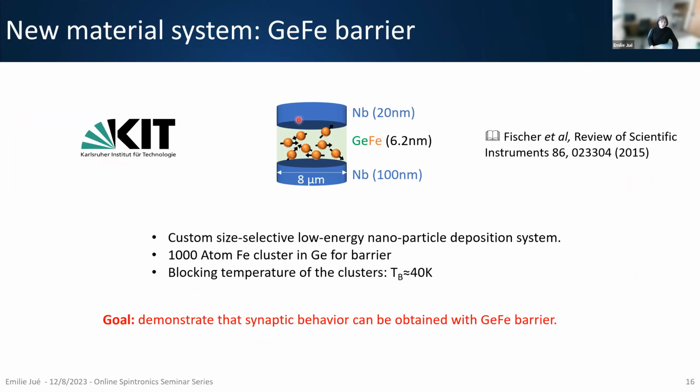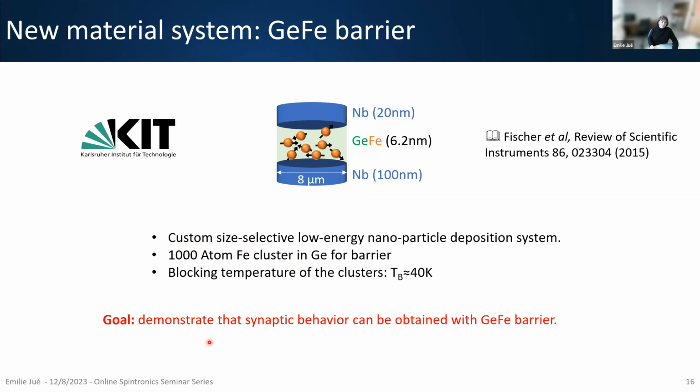So together, we chose to work with a new material, which is here a nanoclustered magnetic Josephson junction with a barrier that includes clusters of iron inside a matrix of silicon, and with this barrier sandwiched between two layers of niobium. The sample is deposited with a custom size-selective low energy nanoparticle deposition system, and we can choose the properties of the device, which here we choose to be the following.